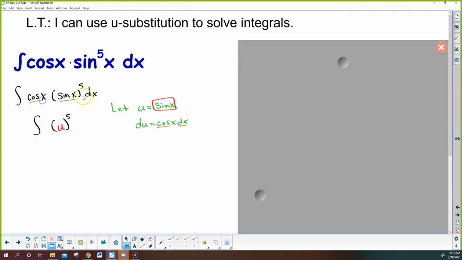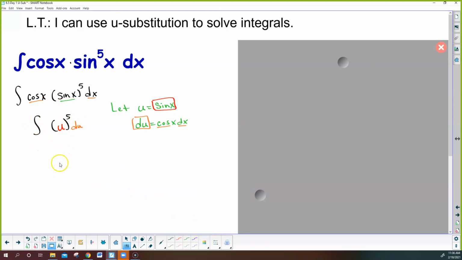And notice, I have a cosine and I have a dx, so these two items are going to be replaced with du. And notice, everything was accounted for. The sine was replaced by u, the cosine and the dx were replaced by du, and the only thing that's left is u to the fifth power in our integral. A much easier integral to deal with, and that's the goal of U-substitution.